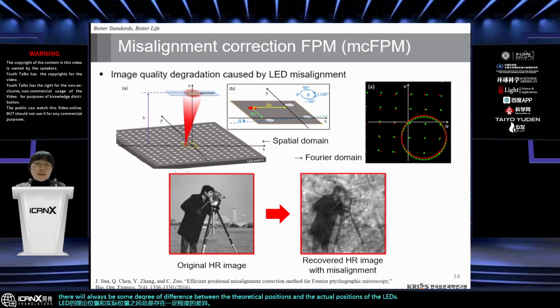When such misalignment occurs with errors delta x and delta y in the x and y axis, and a rotation error theta about the z-axis, failing to correct these misalignments before image recovery results in a significant degradation in image resolution and quality as illustrated below. Therefore, it is very important to calculate and correct misalignment before the recovery process.